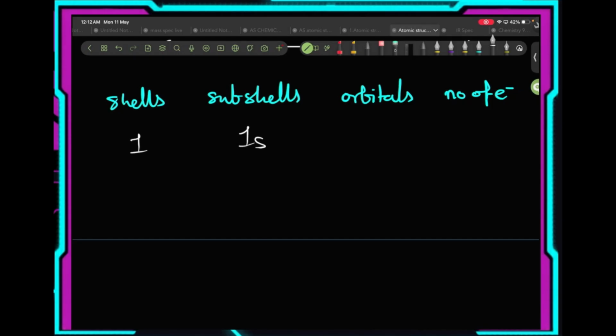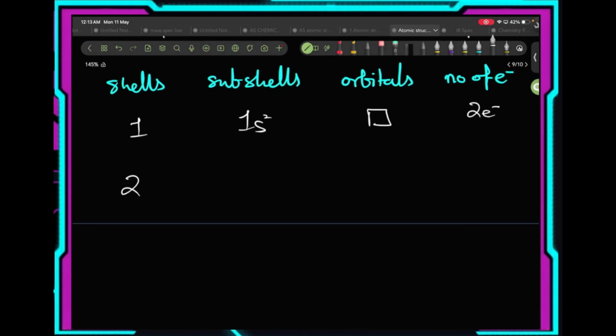Because 1s can only accommodate 2 electrons, one orbital, right? And we do know that according to the formula 2n², how many electrons are accommodated in the first shell? Two, because first it only has one orbital, and secondly it only has one subshell, and that is an s subshell, which can maximum accommodate 2 electrons, right? So you have to be able to link each of these headings with each other.